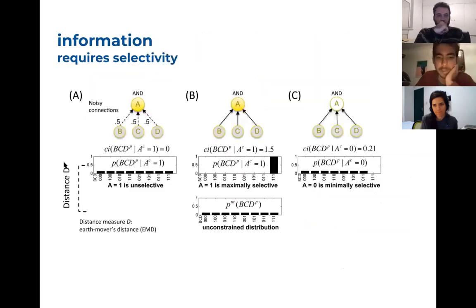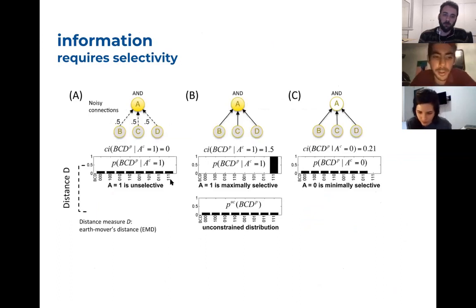Yeah, so this is another example. Say you have an AND gate, but you have a lot of noise in this reception. So it's an AND gate, but it cannot tell apart, it's just too noisy. So it's completely unselective. The fact that it's on gives you no information at all.